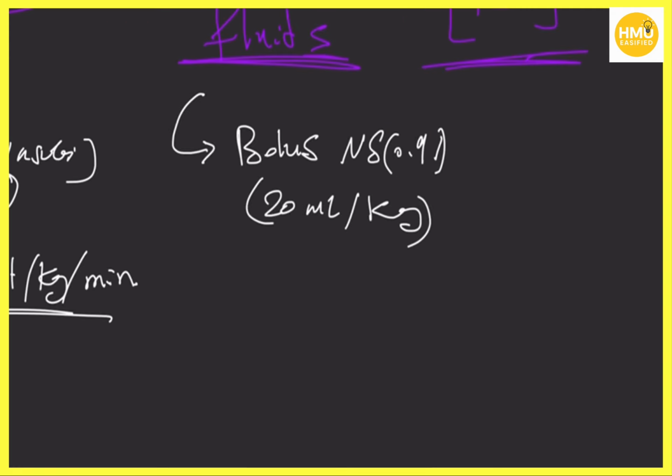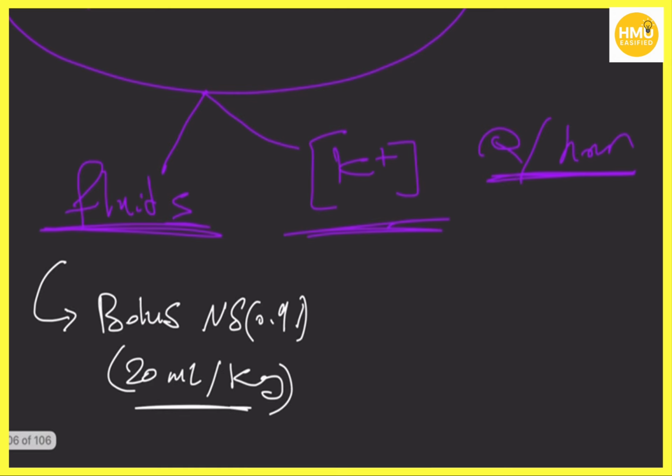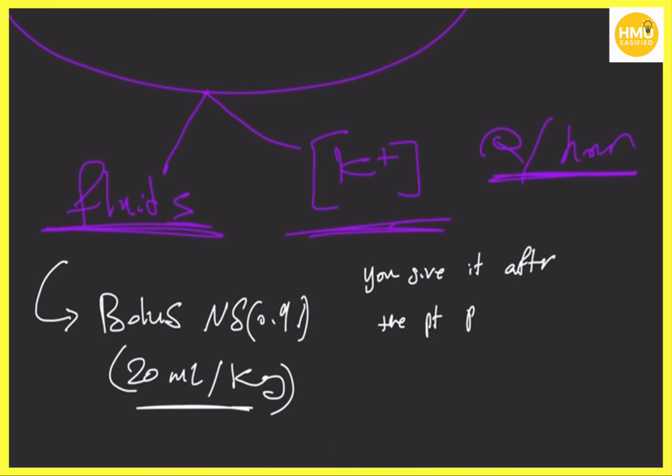Now this is bolus normal saline, which is 0.9%. You start with a bolus, as we mentioned, 20 ml per kg. Now the potassium, you should only give it after the patient passes urine. This is important, so you know the fluid is working.